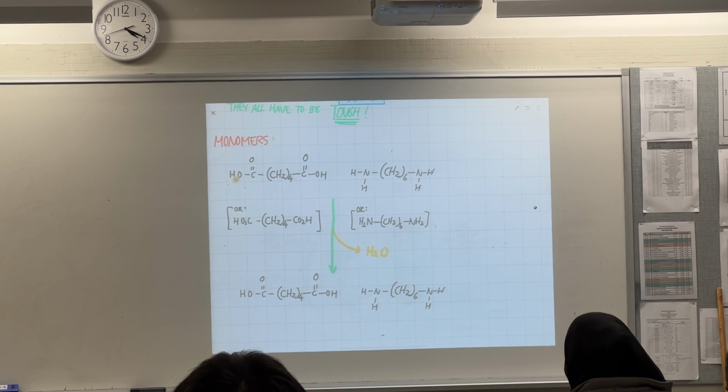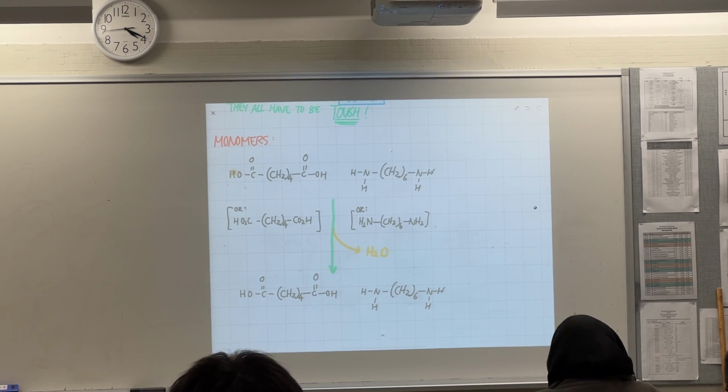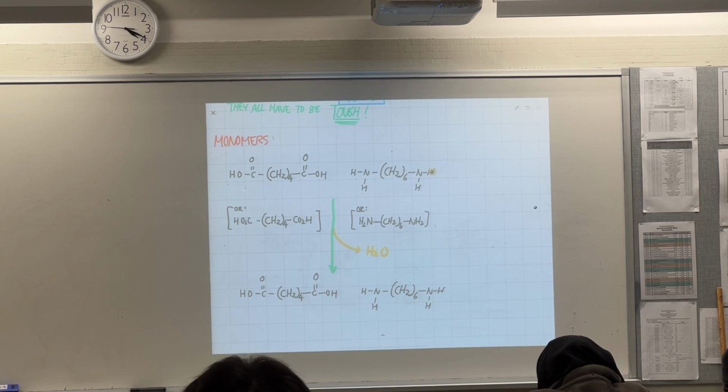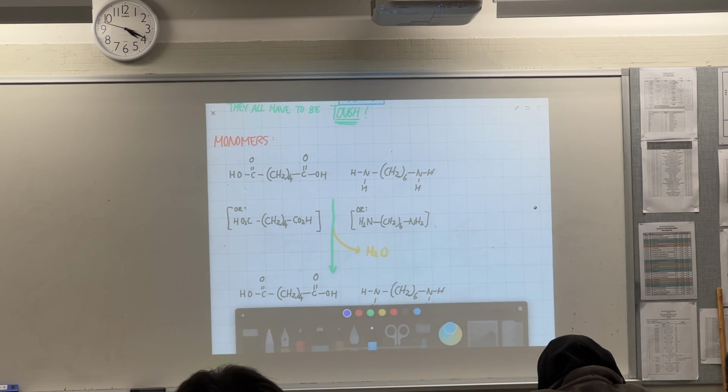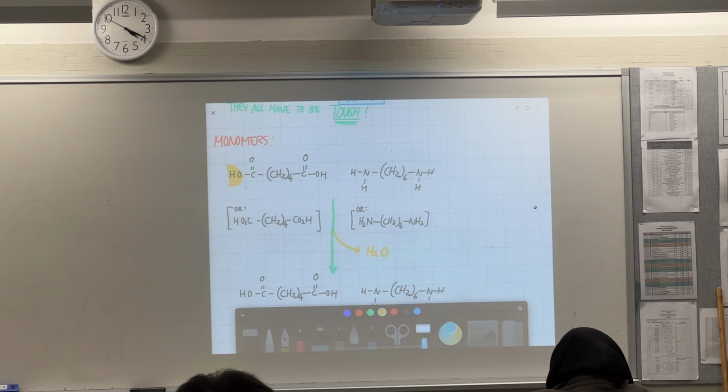Remember, we should ignore this OH group because this OH group can react with an H from another amine to form water. So this is gone. And then we take another OH and H from here, we remove them as water, and then another H here will also be removed. You can say this H and this OH combine to form water, and this H and that OH also combine to form water.